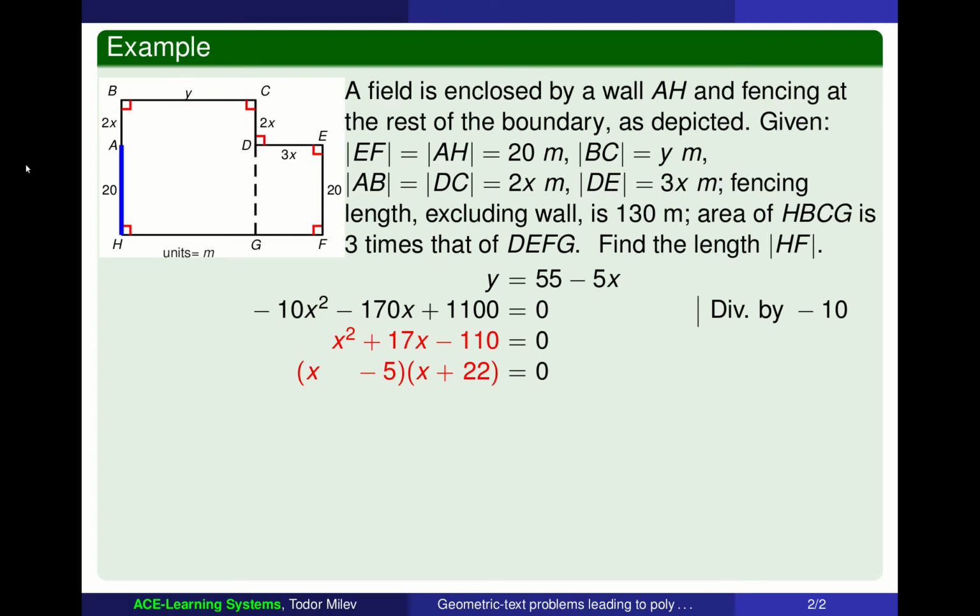Okay, so I'm solving, and the two solutions of this quadratic equation are x1 and x2. They are given by negative b plus or minus radical of b squared minus 4ac, over 2a.